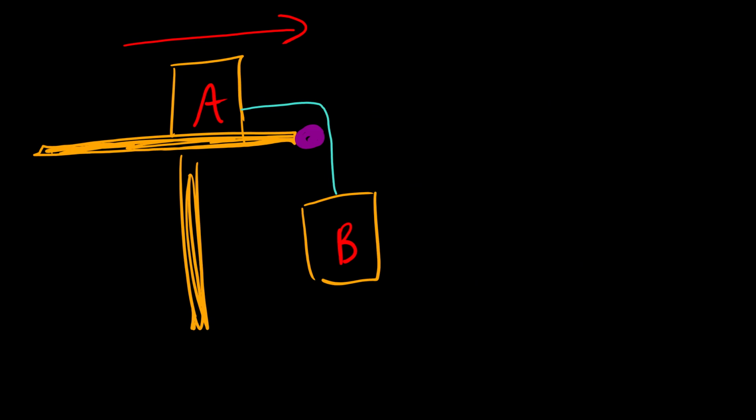Our next scenario, we can see that it's similar to the previous one, but in this one, the system is moving to the right, referring to object A, and then obviously object B will be going down. Now what is the free body diagram of A? It will be tension.